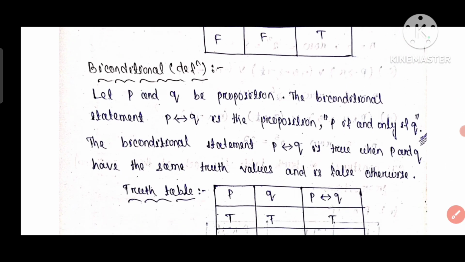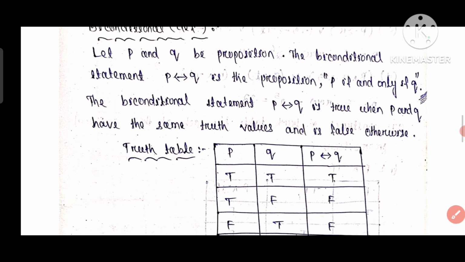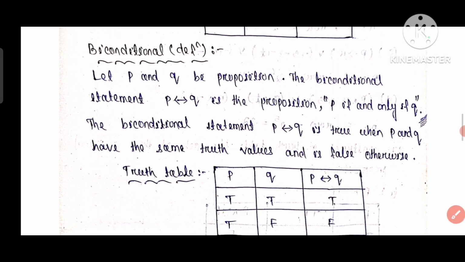Next, biconditional. Biconditional is also known as double implication. This is the symbol of biconditional. Here also P and Q are two propositions. The biconditional statement is like P if and only if Q. That means the general form of biconditional is if and only if.